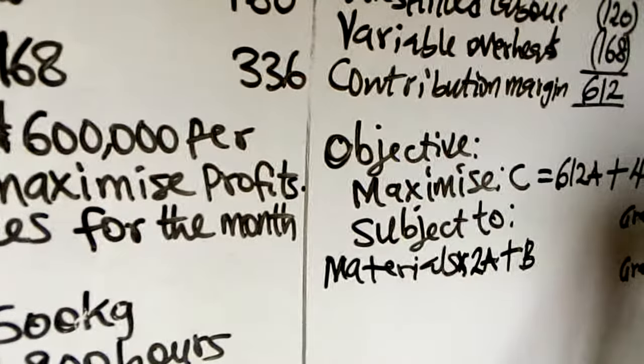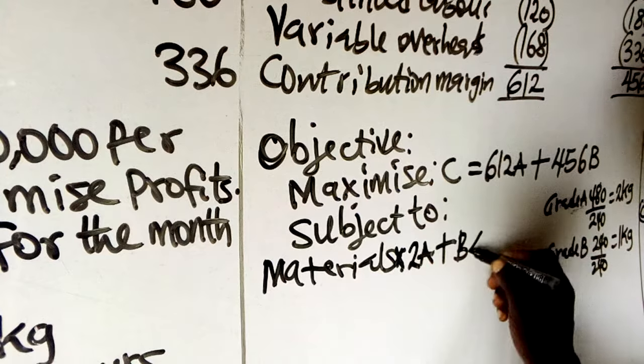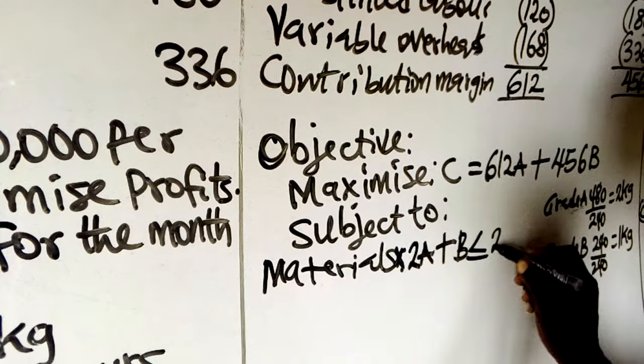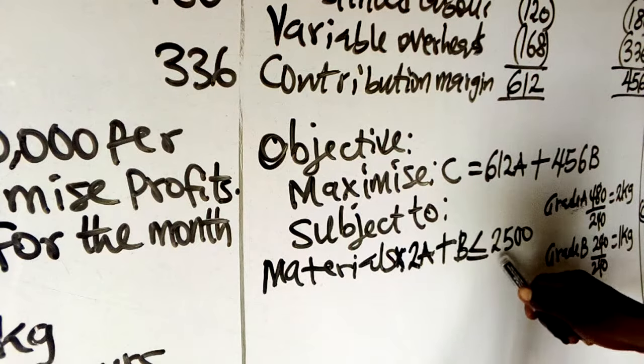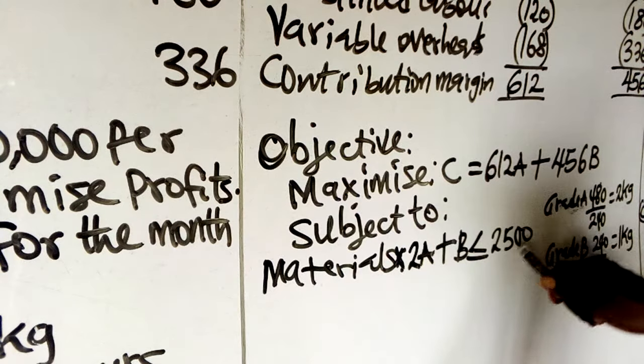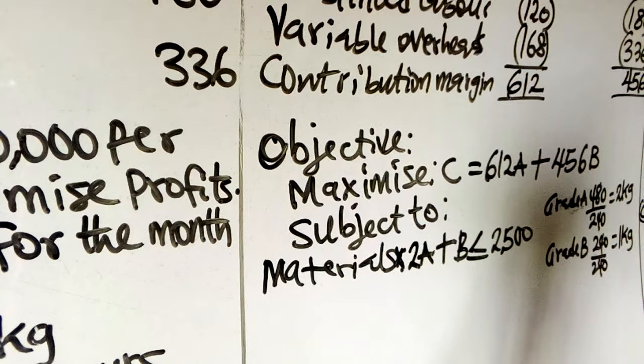That means you can't get more than 2,500. So the inequality symbol should be less than or equals to 2,500. You cannot use greater because you cannot get more than 2,500 kg. That is for material X.